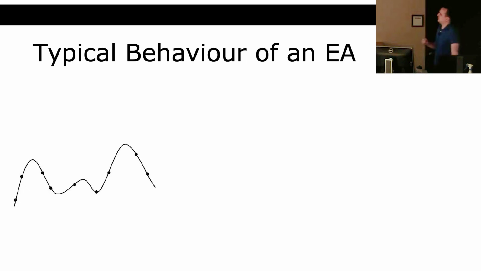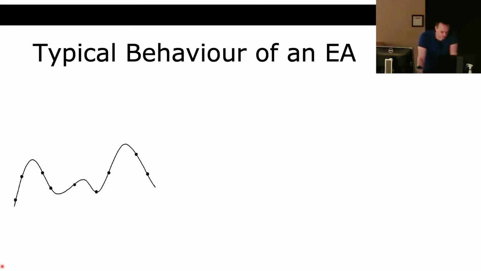So here's what we're going to see as typical behavior of an evolutionary algorithm. Let's say that the x-axis of this graph represents possible solutions to our problem, and this axis represents the fitnesses of those possible solutions. If you've ever done much with math or computer science, what you're going to see is that most problems are not what we call a convex optimization problem.